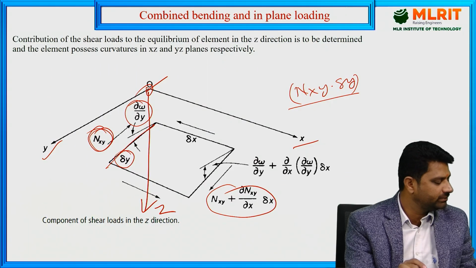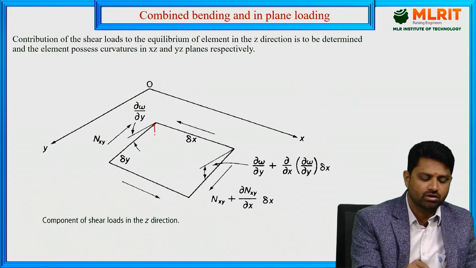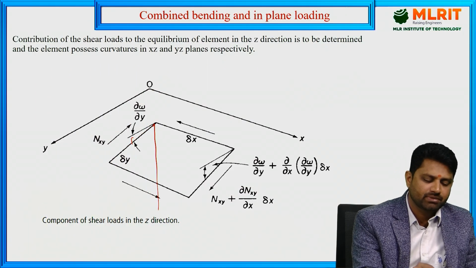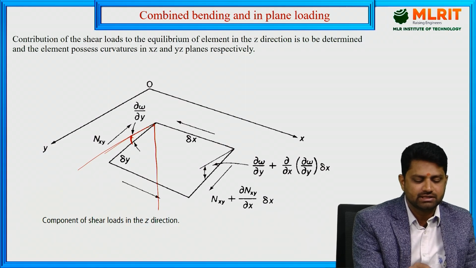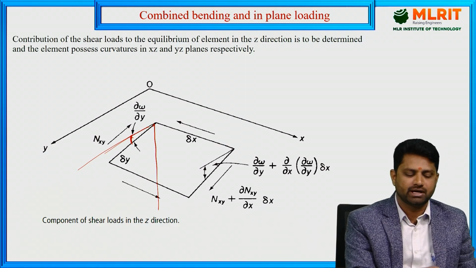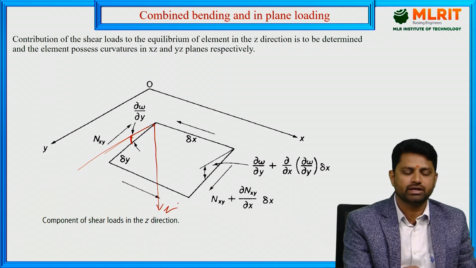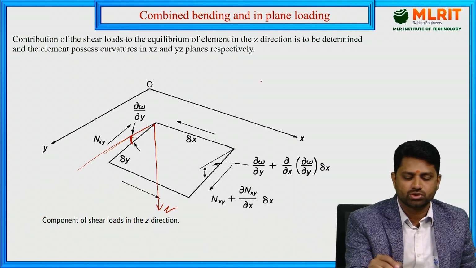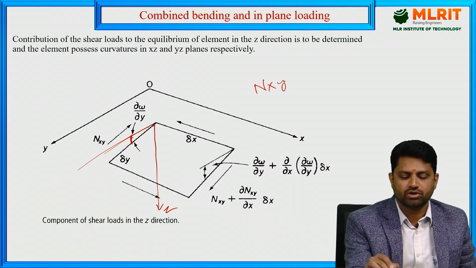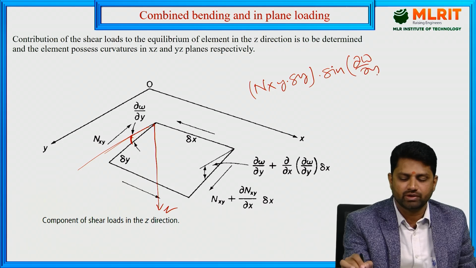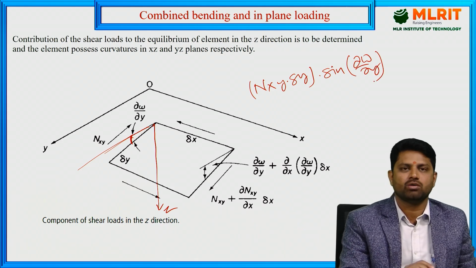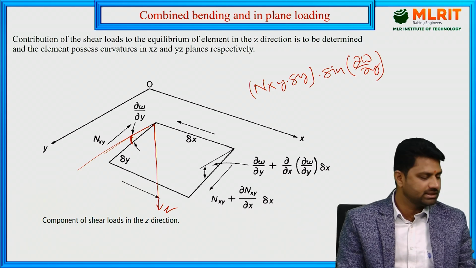Parallel to the y-axis you take the cosine of the component, and therefore in the z direction it gives the sine of the component. So you write Nxy into delta y as the shear load, and then sine of ∂w/∂y. Okay, that is the component we are going to write.